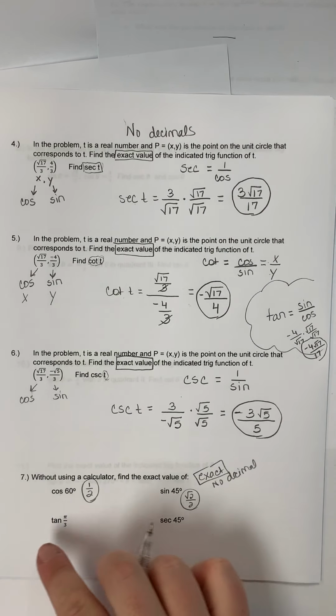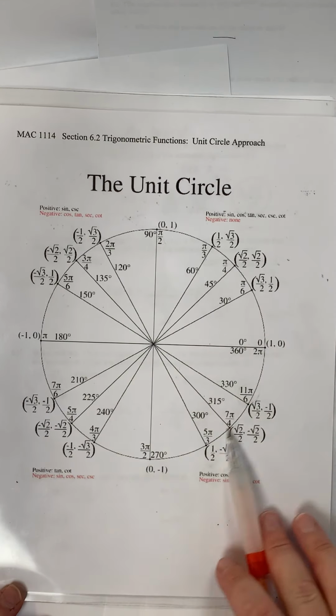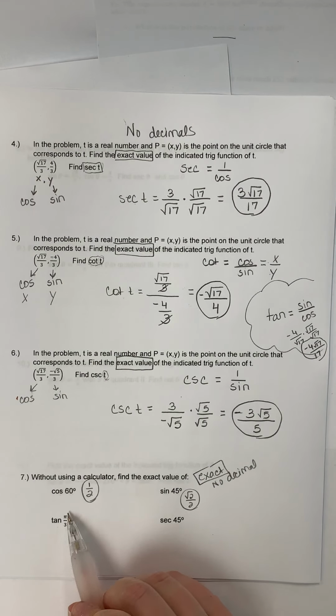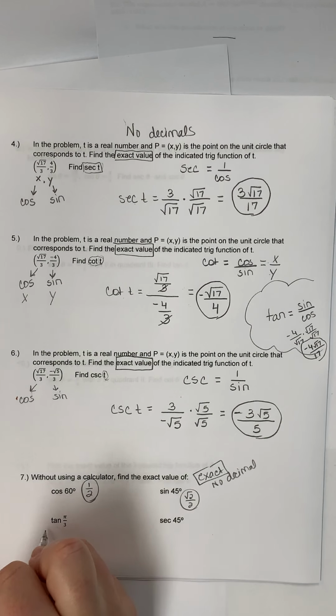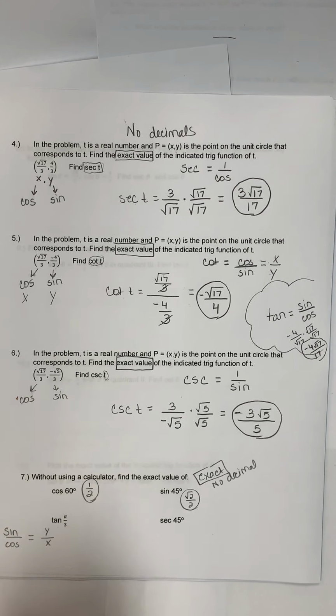All right, now we get a little bit more complicated. So remember, right off of here, cosine is your first number in the point. Sine is your second number in the point. Okay, tangent of pi/3. Remember, tangent is y/x, or sine over cosine, however you want to think about it, right?